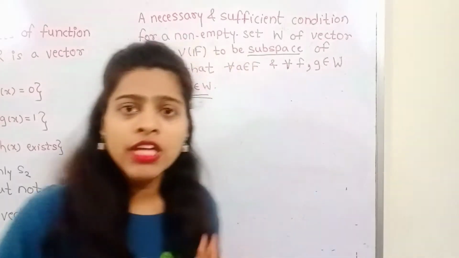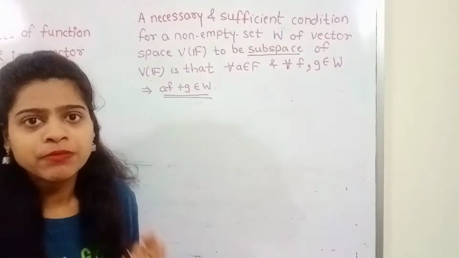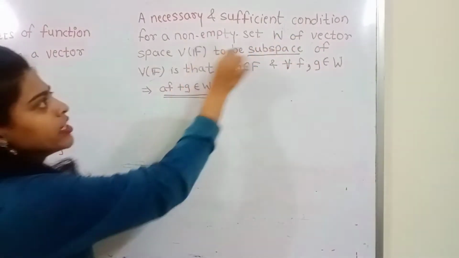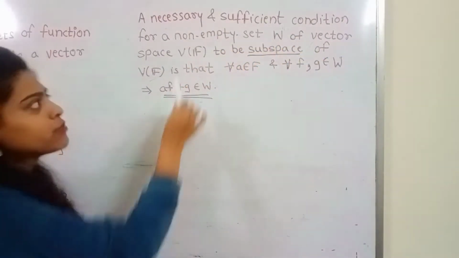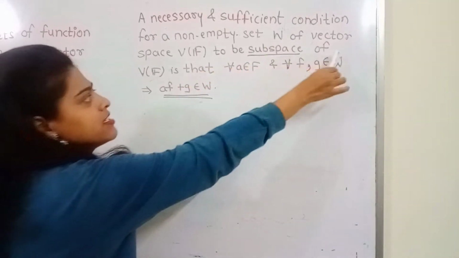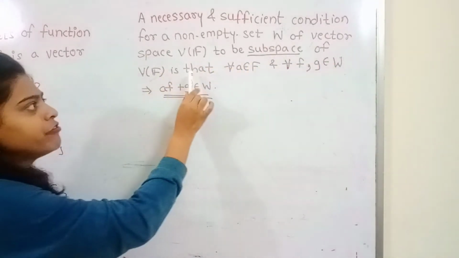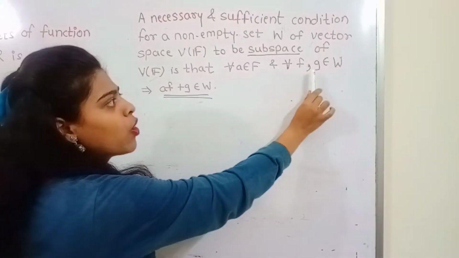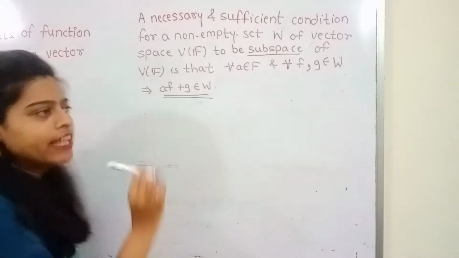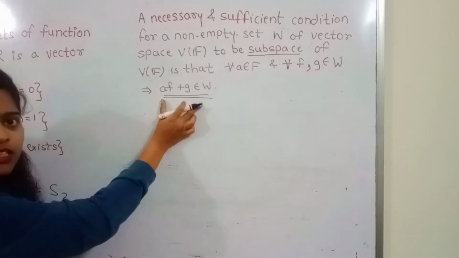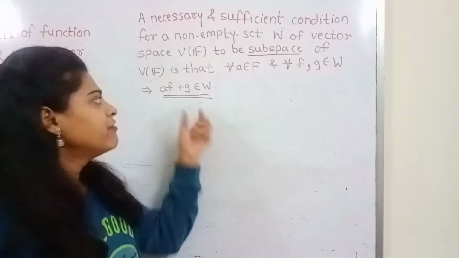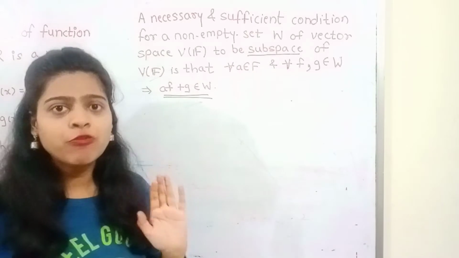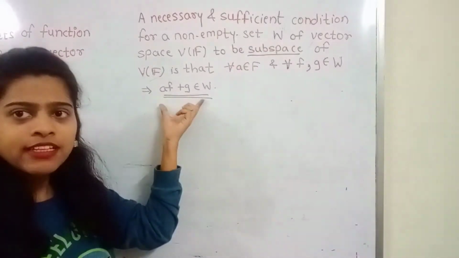For that purpose, we are going to use this theorem: a necessary and sufficient condition for a non-empty set W of a vector space V over F to be a subspace of V over F is that for all a belongs to F, F meaning field here, and for all f, g belongs to W, then a times f plus g belongs to W. That means if this condition holds, then we can say our given set is a subspace. Therefore, we are only going to check this condition.